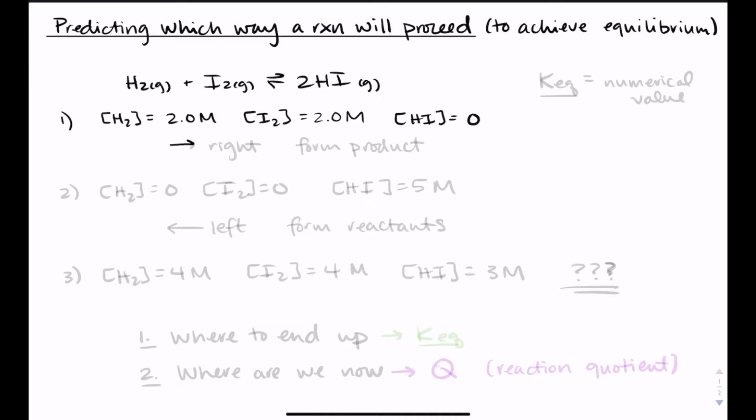Keeping in mind that KEQ is a numerical value, think about how you calculate KEQ. The way that this reaction would move is to the right because it starts with a zero product. If in our equilibrium constant expression the product concentration was actually 0, my KEQ would be 0, and you will not see a KEQ of 0.